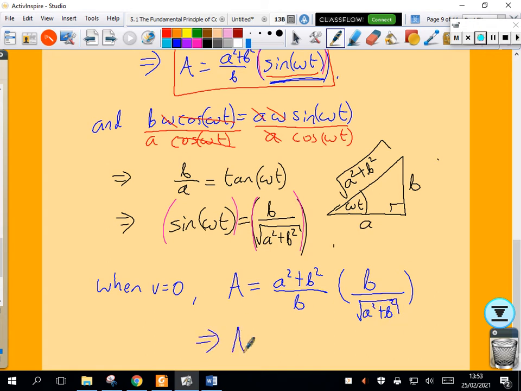Solving here finally for a, well, b is going to cancel here, and we're getting a squared plus b squared divided by its square root. Well, any number divided by its square root is its square root. That's the definition of a square root. So a squared plus b squared divided by its square root is just going to be the square root of a squared plus b squared. Okay.